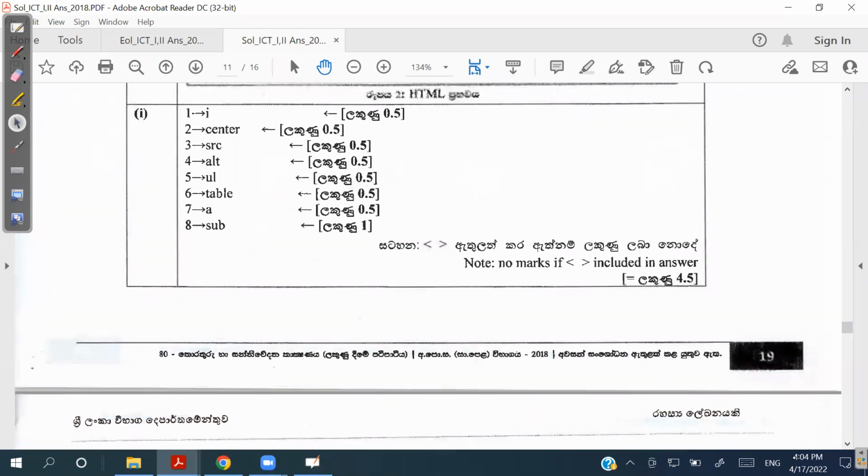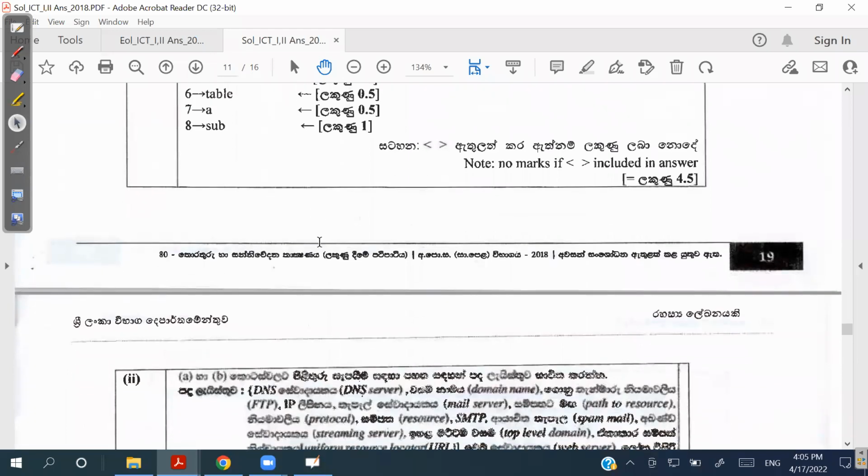So it is given 4.5 marks. The last part saying this is subscript has an extra 0.5. Right, so 4.5 marks.